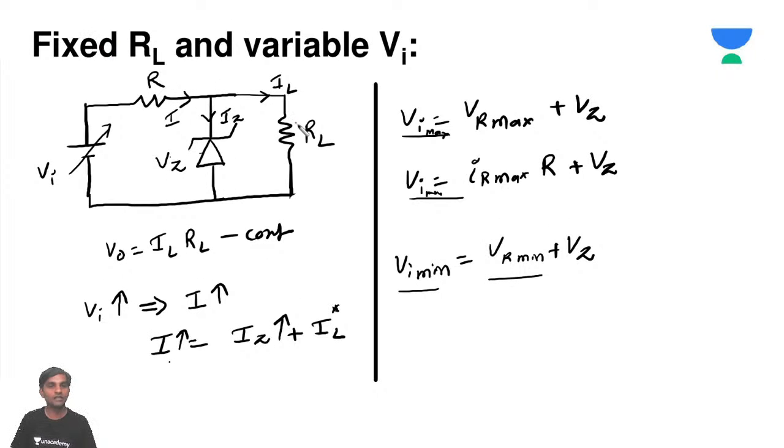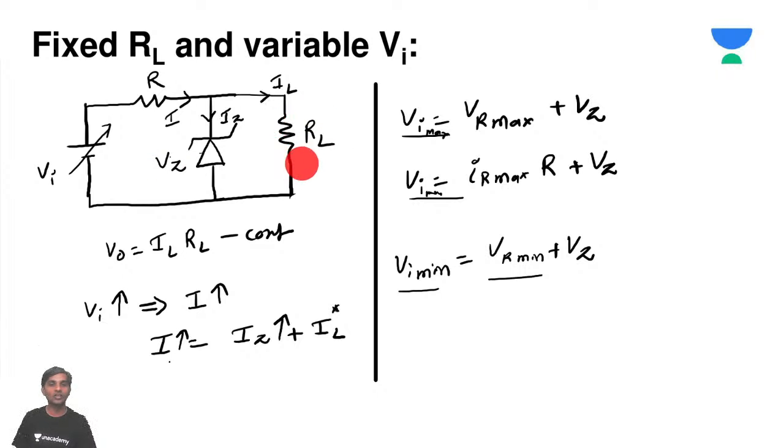Now, sir, what happens in case 3, where you have a fixed resistance and a variable input? When your input is varying, the current changes. But RL is constant, so IL should be constant because Vz is the same voltage across RL.